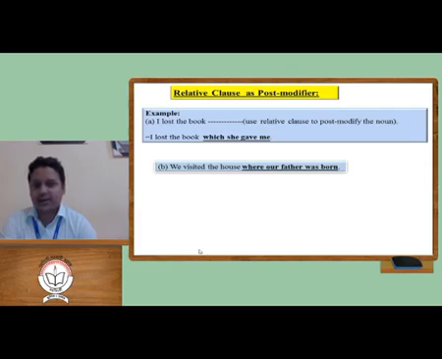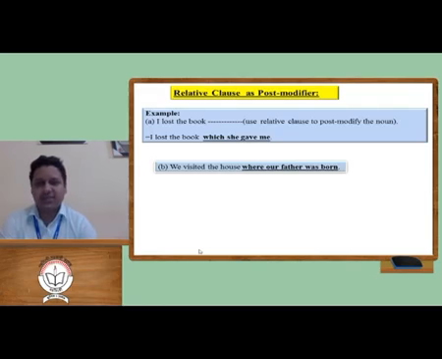Another example: we visited the house where our father was born. So where our father was born is my relative clause here. It acts as a post modifier because it sits after the house, after the noun, and post modifies the noun, the house. You can easily understand a relative clause starts with a relative pronoun.